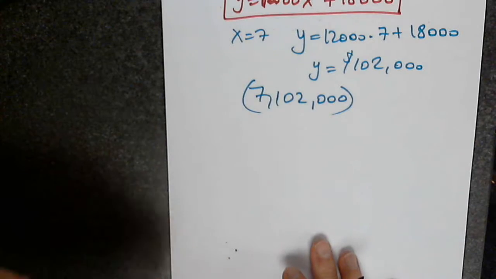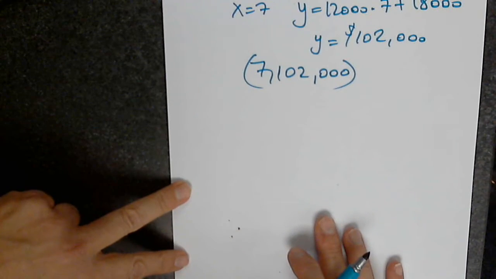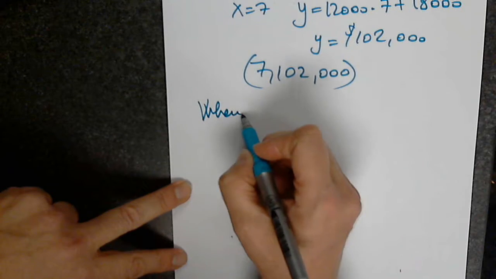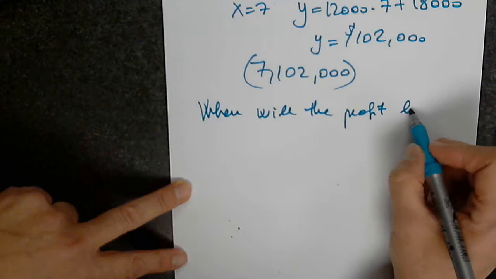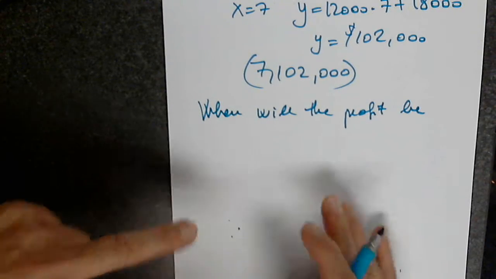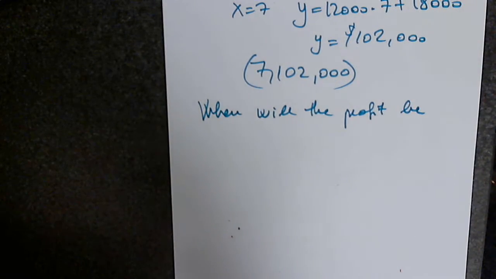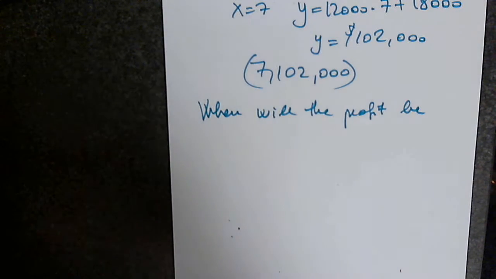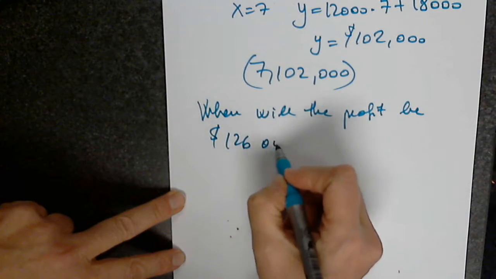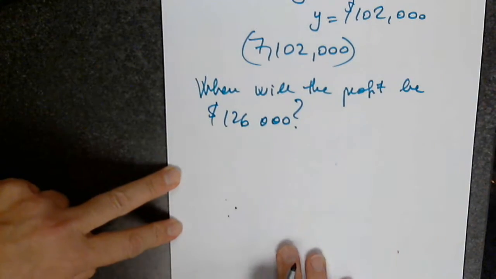Now, what if I add this question? When will the profit be 126,000?